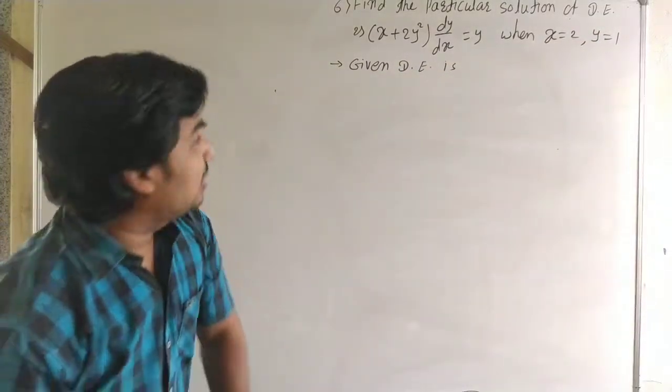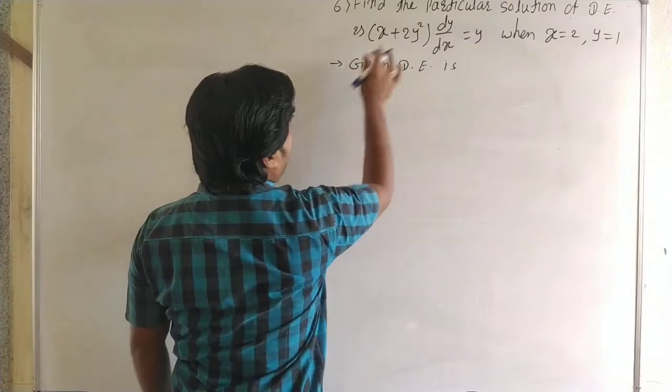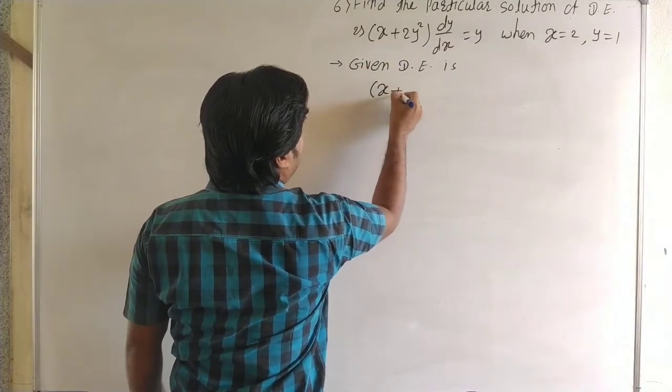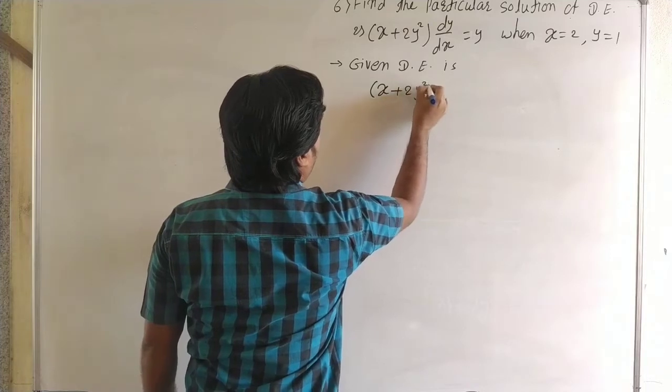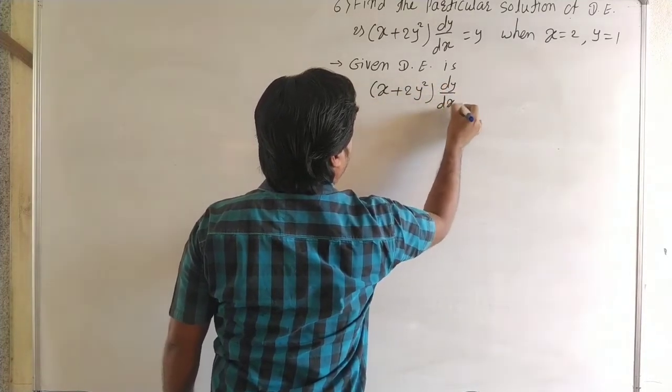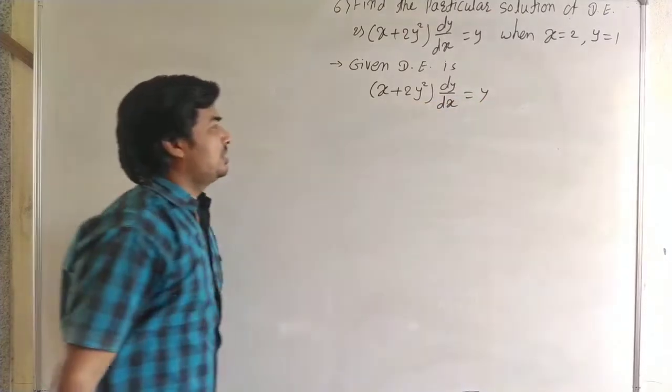Now, the given differential equation x plus 2y square dy by dx is equal to y. It is a given differential equation.